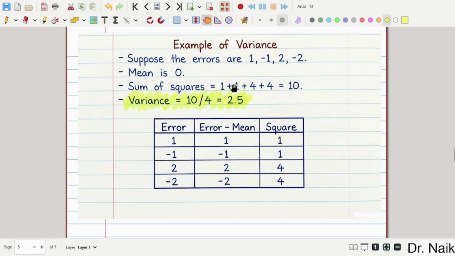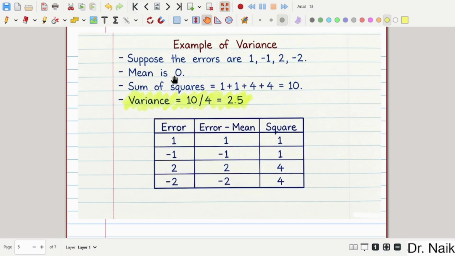Let's see the example for variance. Suppose the errors are 1, -1, 2 and -2. Then its mean is 1 plus -1 plus 2 plus -2 divided by 4. So it is 0 divided by 4, therefore mean is 0.